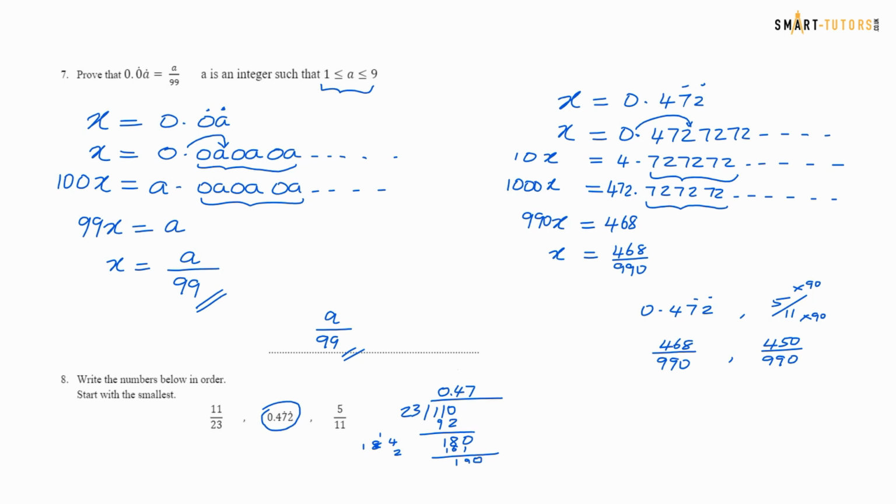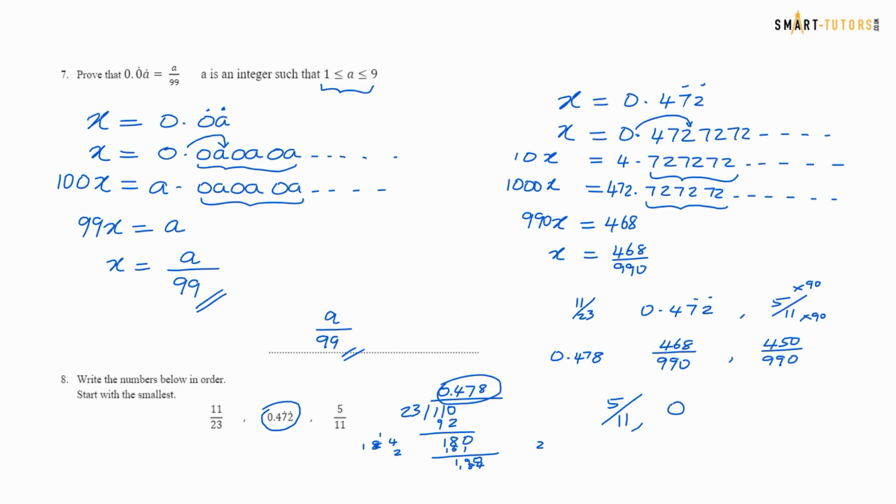So 190 means this is going to be 8. Exactly. So we've proved 11 upon 23 equals 0.478. So 5 upon 11 is the smallest.